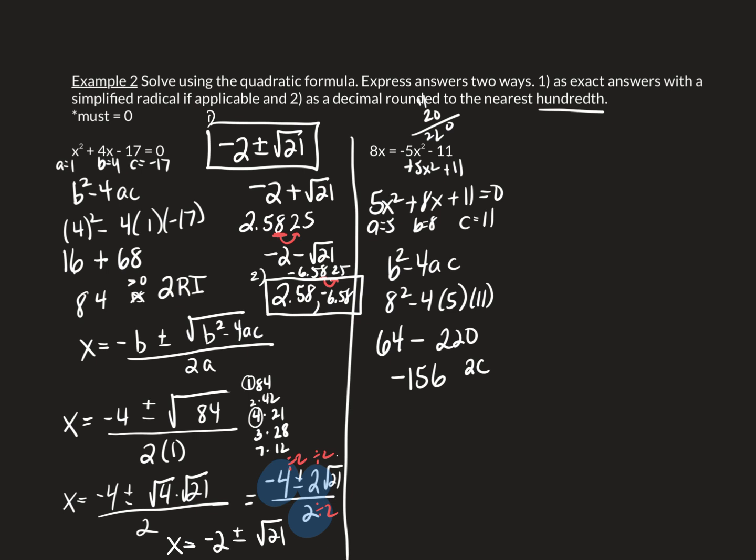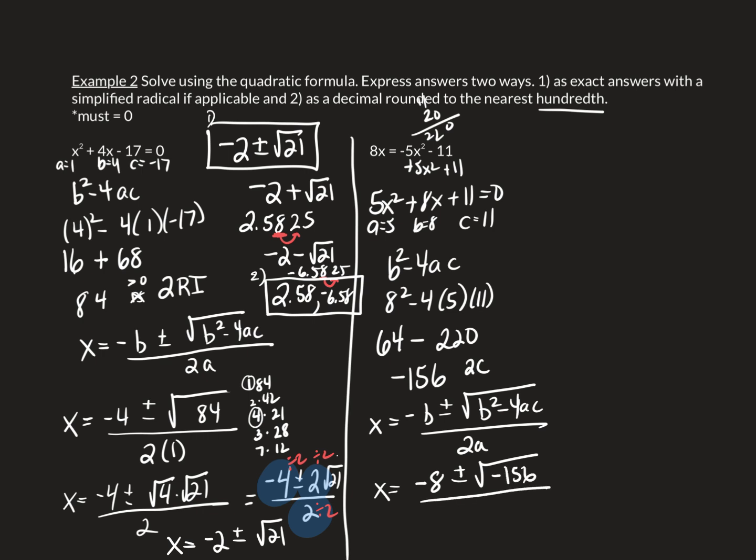Okay, so x equals negative b plus or minus the square root of b squared minus 4ac all over 2a. Let's fill it in. X equals negative b plus or minus the square root of b squared minus 4ac, which is negative 156, all over 2 times a. Okay, we'll go up here.